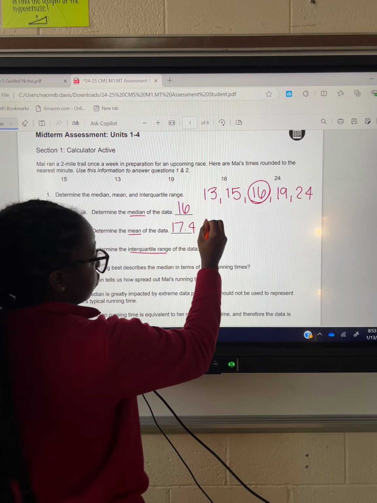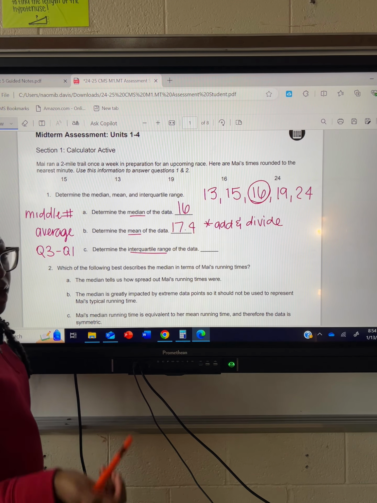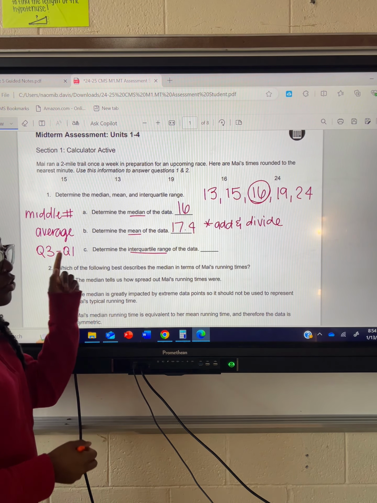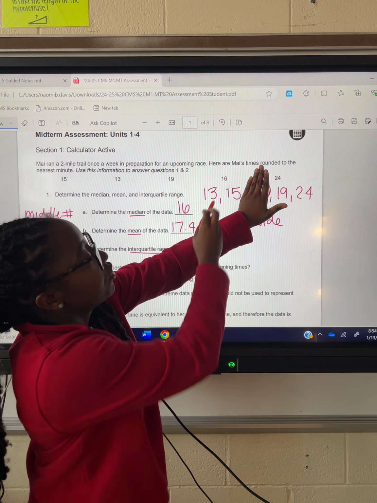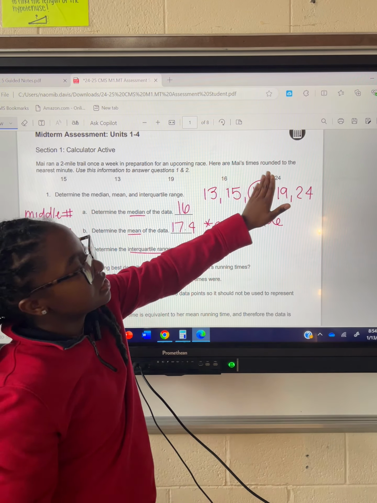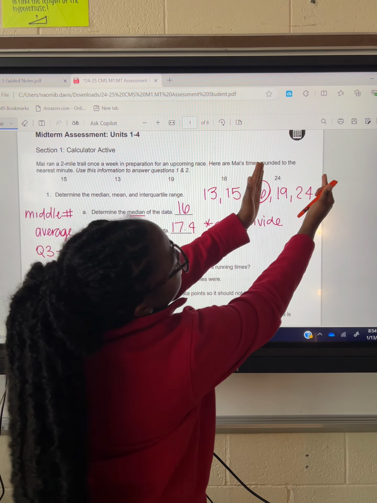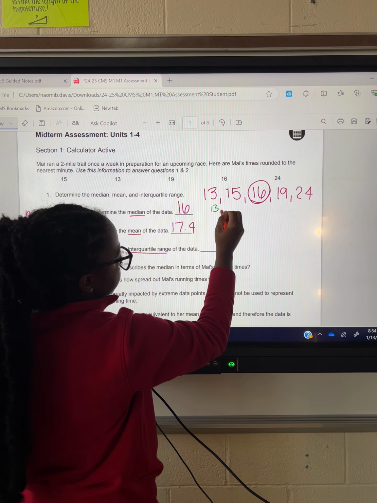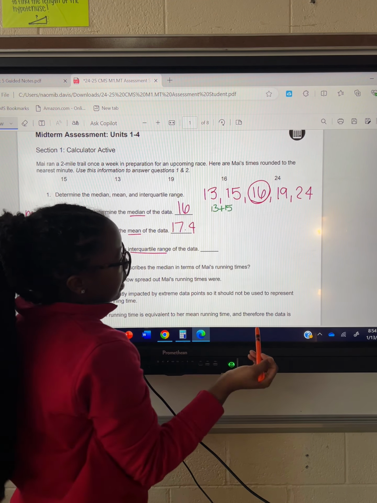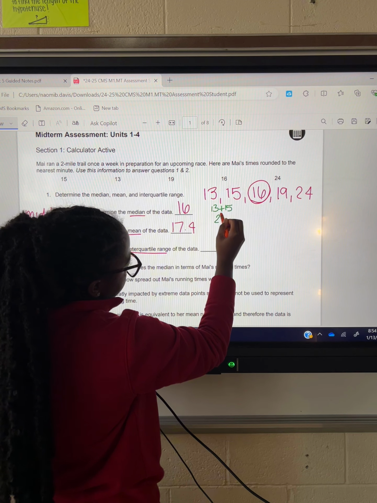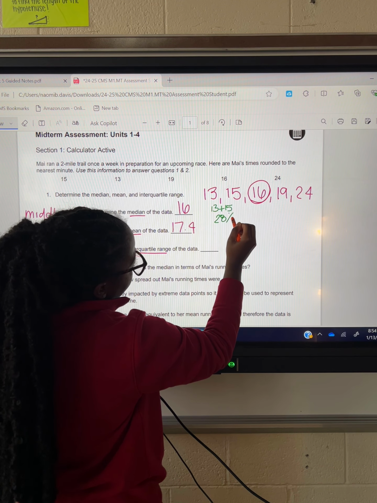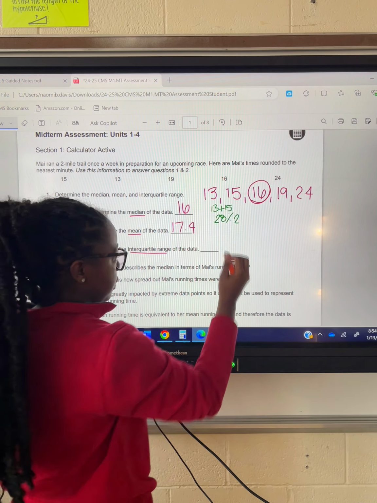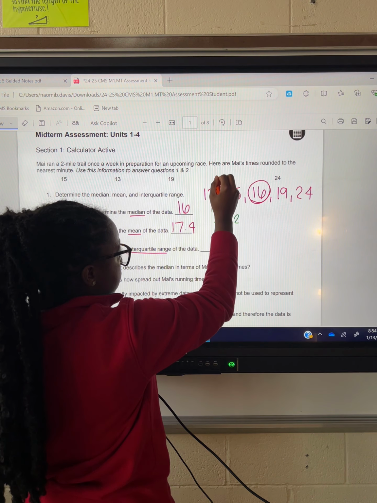If you need a note, in order to get IQR, remember you need Q3 and Q1. Q3 and Q1 are the medians of the rest of the numbers when you take out 16. So the median of this side and the median of that side. So I'm going to say 13 plus 15, and that's going to give me 28. 28 divided by 2, because I need what's in the middle of those numbers, 14.